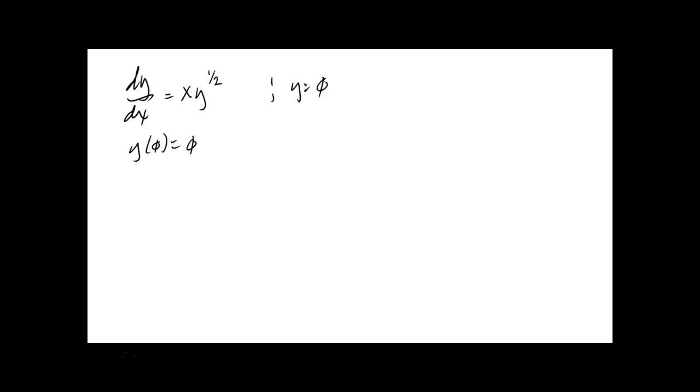So that's going to be true everywhere. For every value of x, y is equal to 0 is a solution. And when you do y is equal to 1/16 x to the 4th, and we did this one earlier, that's also a solution. You can go back and verify that.